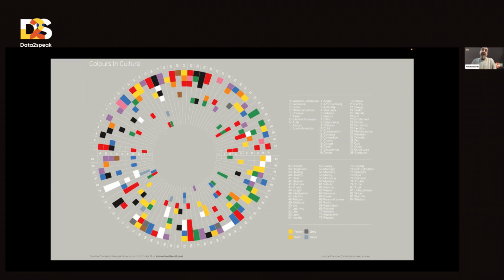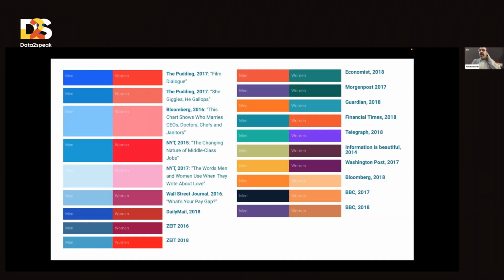You can just see from the kaleidoscope that it gives, that almost nothing is universally thought of in the same way if you look at a particular color. So maybe if you go round to the northeast there, number 35, that's alternating red and green, and that one's good luck. And if you were to look at all these, you would see that so many colors have different associations depending on whether we're looking at the West or Japanese or Asian or Arab, etc. So it all becomes a bit of a minefield, really.